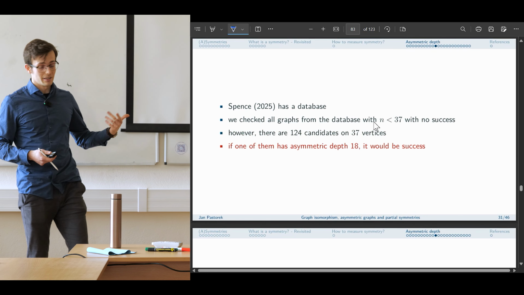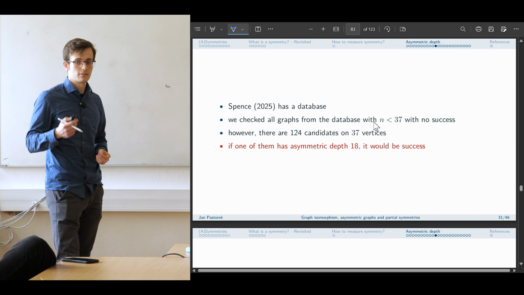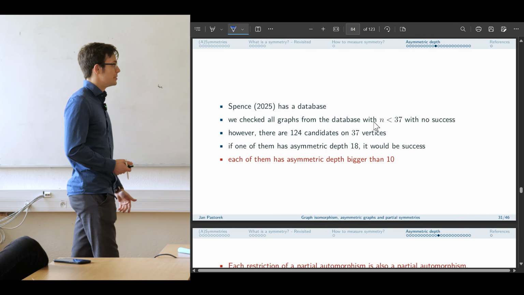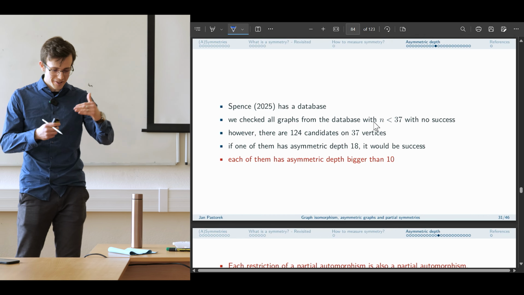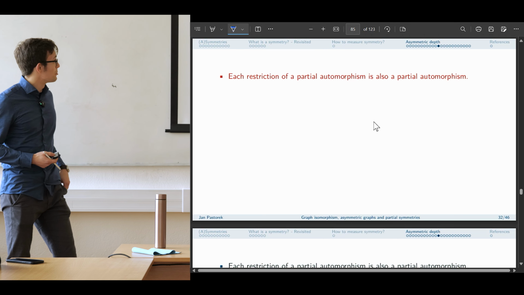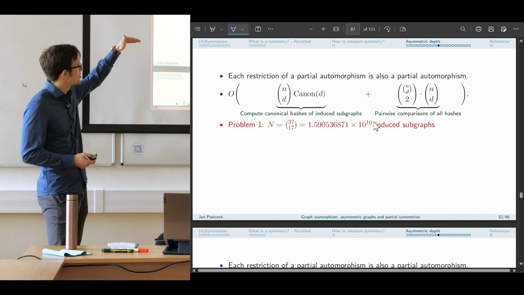And if at least one of them has asymmetric depth equal to 18, it would be a success. And each of them has asymmetric depth bigger than 10. I checked that. But then there is this gap. I have to somehow make my computations better. All right, so I'm going to skip that.